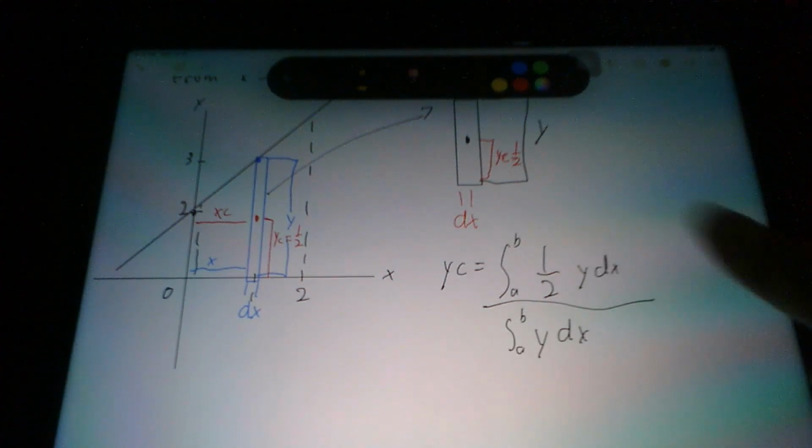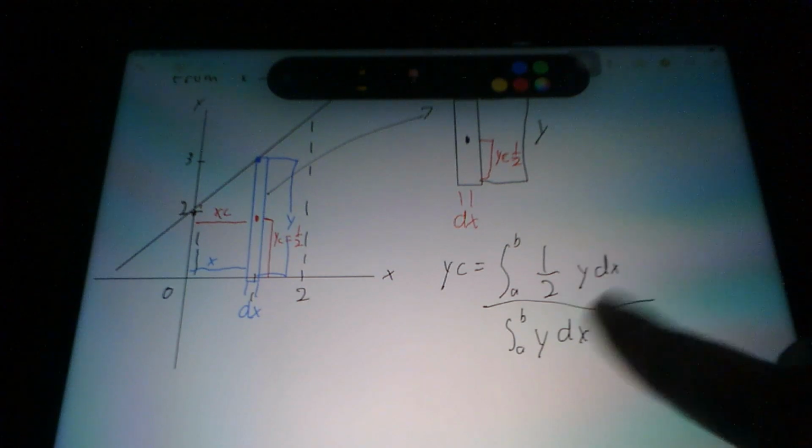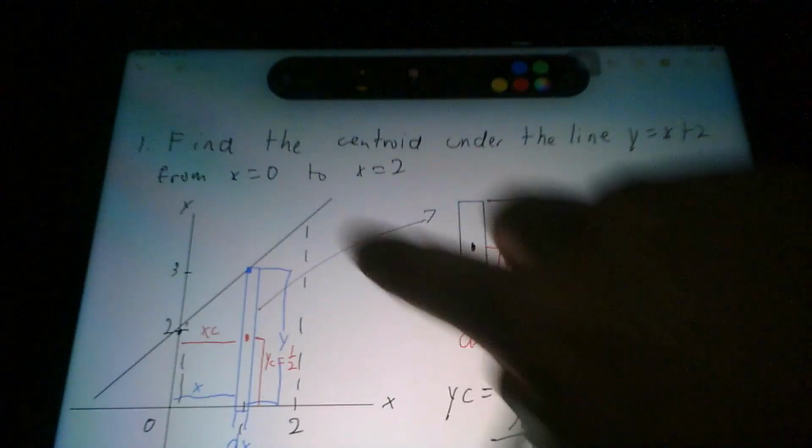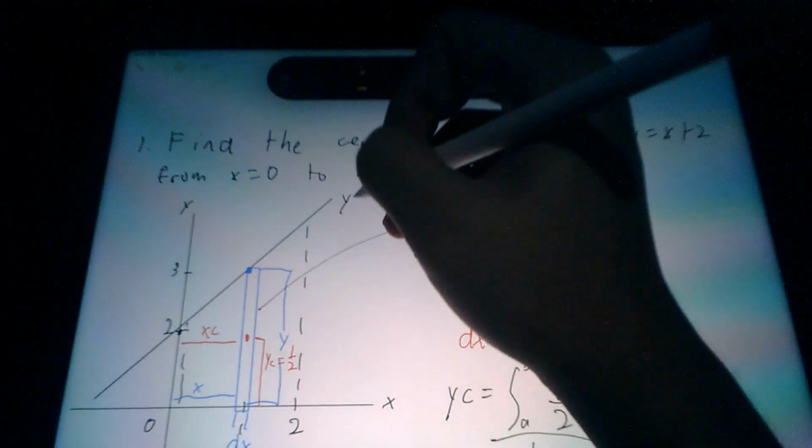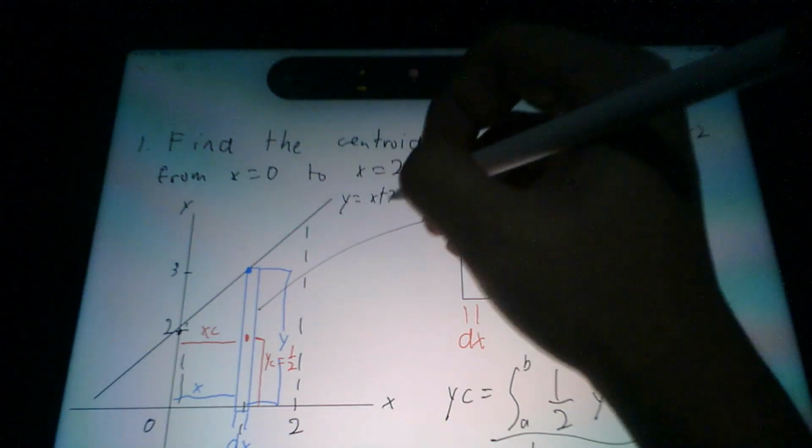Now let's substitute the values of y here. Our y is just equal to x plus 2.